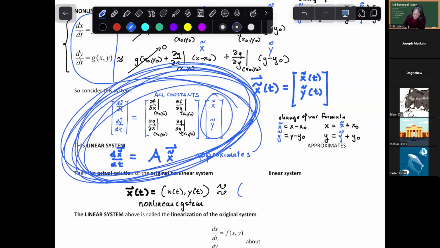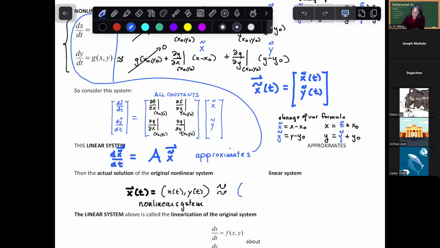So you're going to get these guys right here, and then you take these guys and you stick them in here. In other words, you're going to have x naught plus the x tilde of t, and y naught plus the y tilde of t.